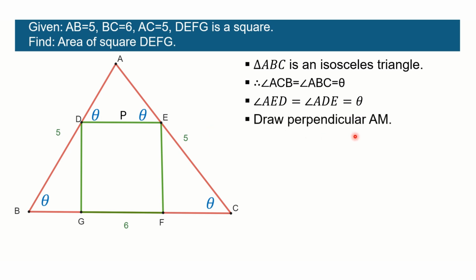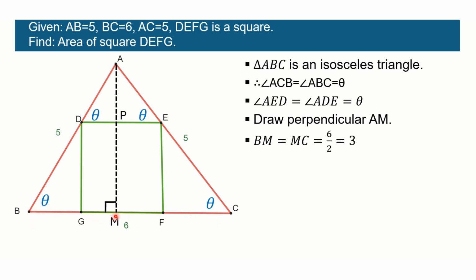Now let us draw a perpendicular from point A on side BC. So AM is perpendicular to BC. If you remember, in an isosceles triangle, the perpendicular divides the base into two equal parts. This means M is the midpoint of BC.